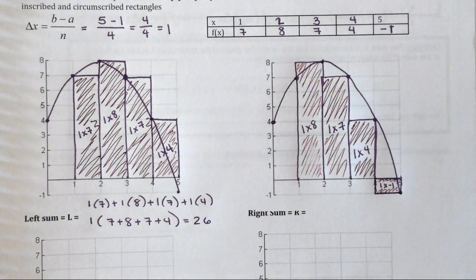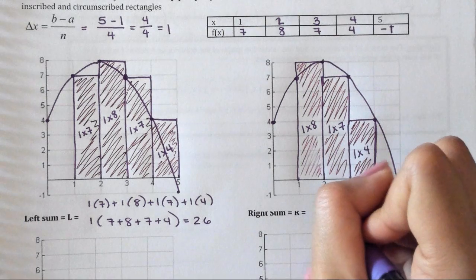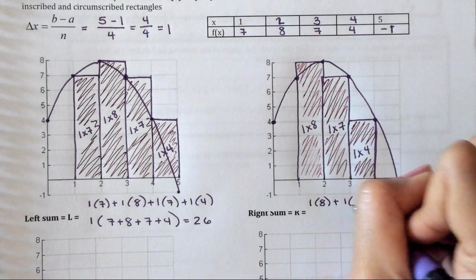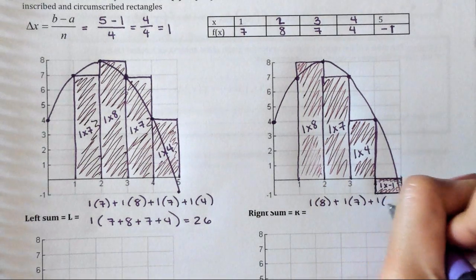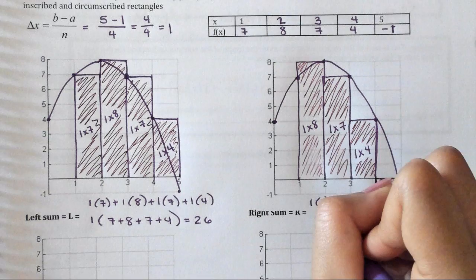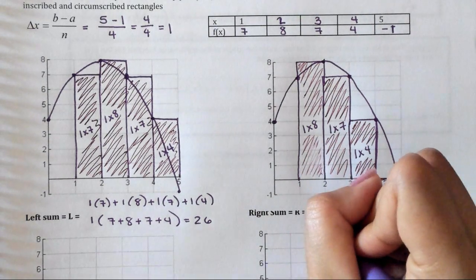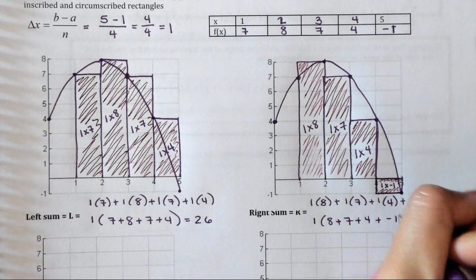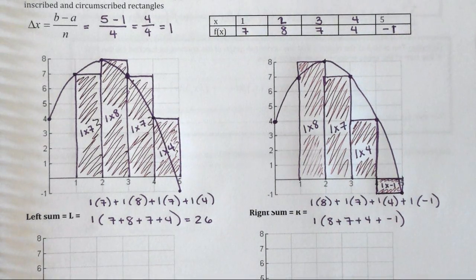Okay, so my right Riemann sum will be 1 times 8 plus 1 times 7 plus 1 times 4 plus 1 times -1. Or, since my intervals are all the same, 1 times (8 plus 7 plus 4 plus -1). Is 18.